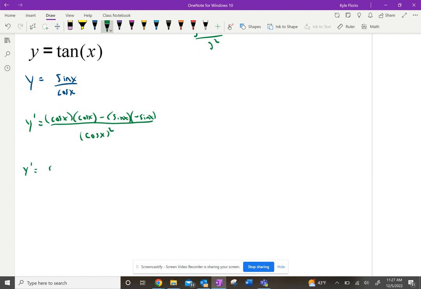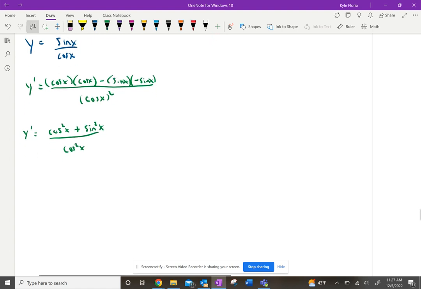So that's going to be cosine times cosine is just cosine squared. The double negative is going to give you a plus. Sine times sine is sine squared over cosine squared. Now I know what you're all thinking. Cosine squared plus sine squared, that's like the Beyonce of trig identities.